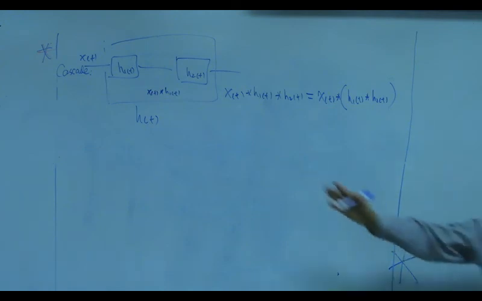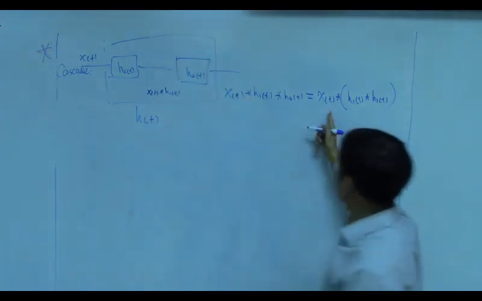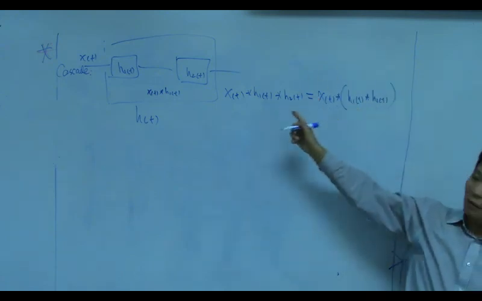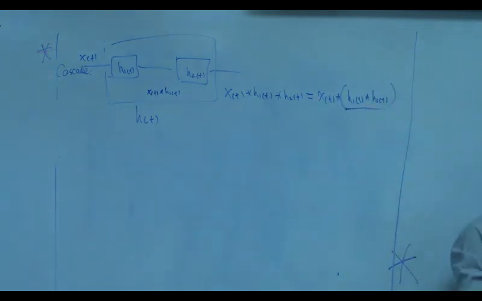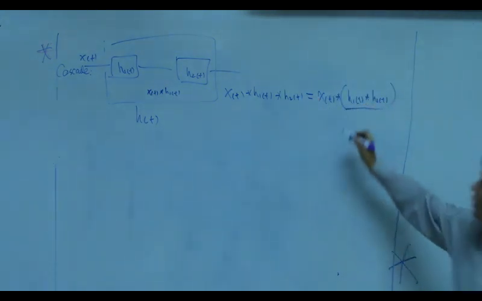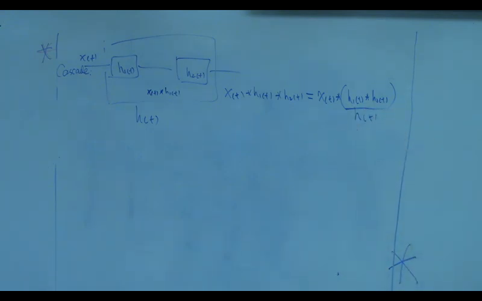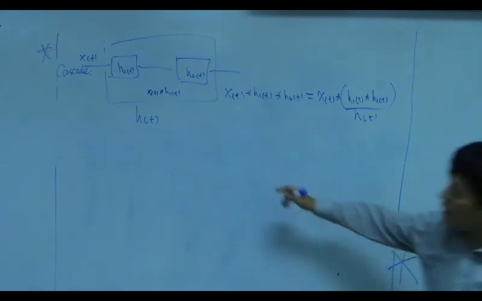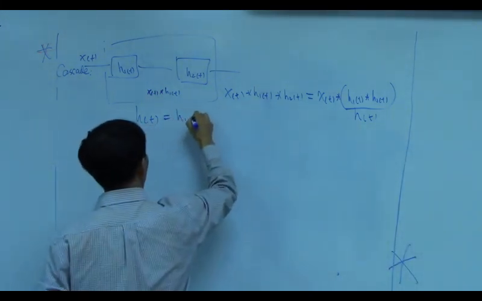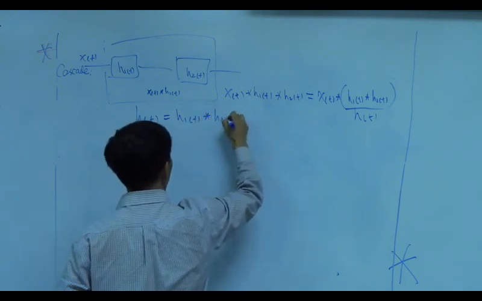So you can consider this combination as the input at the very beginning, then convolved with another one here, and this is the impulse response of the combination. So that means h(t) is h1(t) convolved with h2(t).